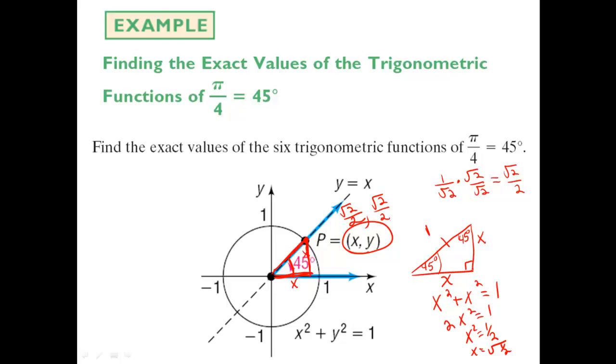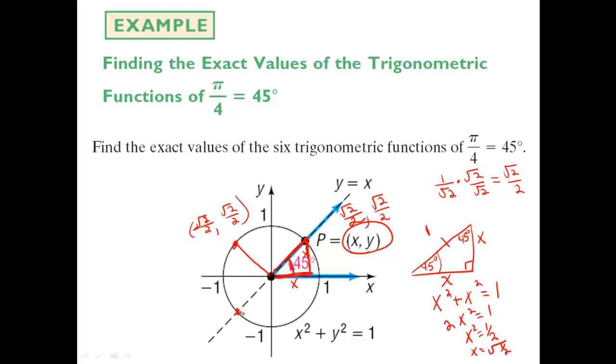So they're the square root of 2 over 2 for that 45-degree angle. Now, because of symmetry, I don't have to go through all that geometry. That same point over here in the second quadrant will have a negative x value, so it would be the negative square root of 2 over 2 and positive square root of 2 over 2 for the y.